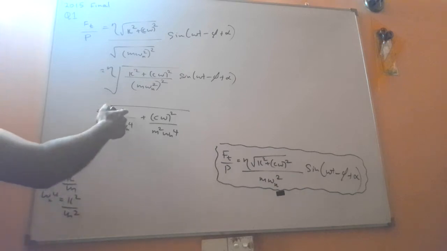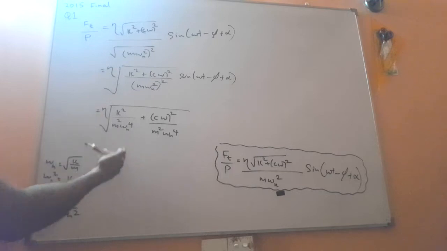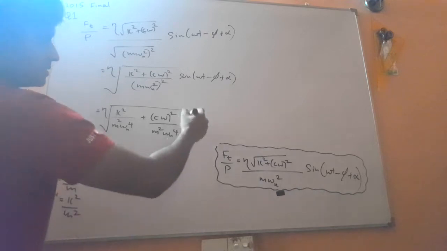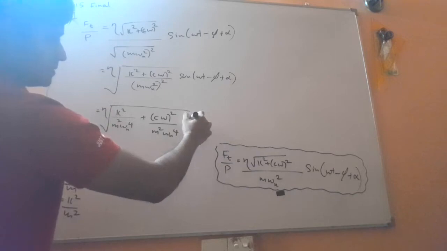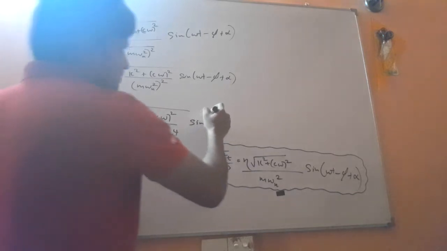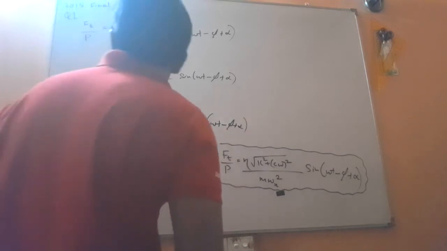So here we have k squared divided by m squared, that means omega n to the power 4, right? This part is coming here, no change. Sine omega t minus phi plus alpha, right?